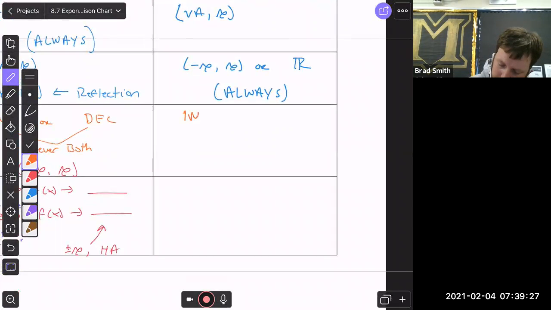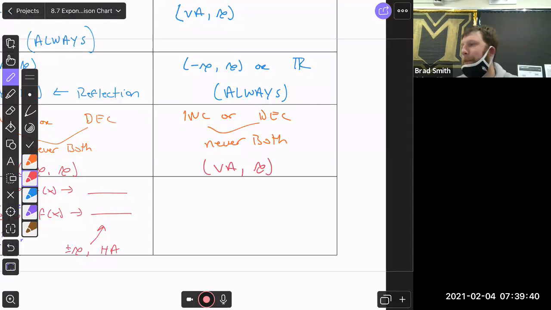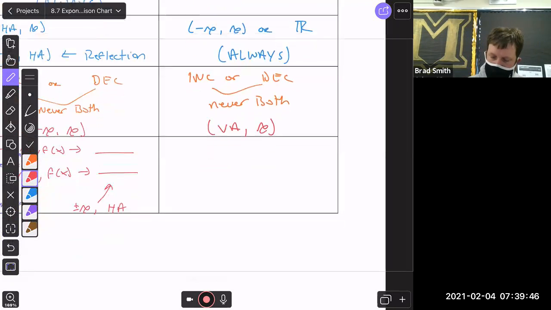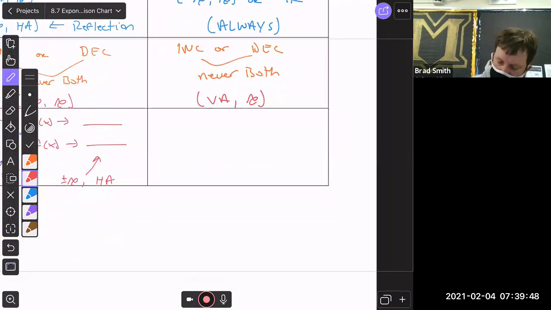So this is either going to increase or decrease, never both. And remember, it is always with the domain. So my domain was my vertical asymptote to infinity. And then in end behavior, it's going to be: as x approaches your vertical asymptote, what's my function doing?